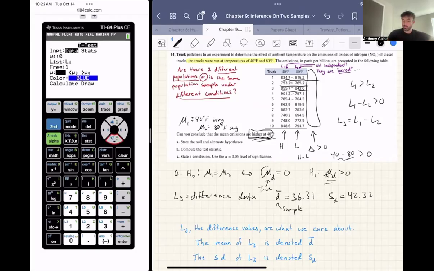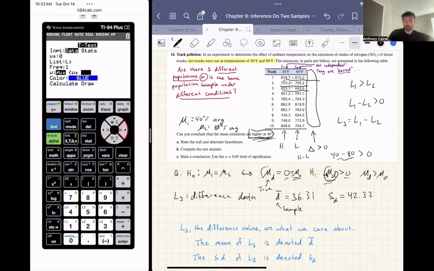The null hypothesis is mu 0, and if mu 0 equals 0, that's this up here. Mu d, the calculator just calls mu. It's like, what's this thing floating around in the background? We want to know if mu d, the true value, is bigger than our null.